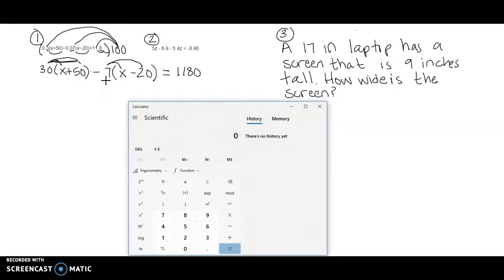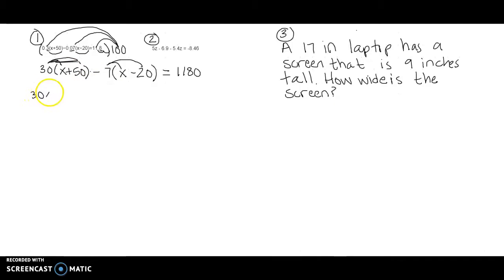Okay, so I'm going to have 30x plus, well that one's not too bad. I know 3 times 5 is 15, and then there's 2 zeros. Minus, I'll have 7x. Now I want to times this minus right here by the negative on the inside, which will turn it to plus. So 7 times 2 is 14, and then we have that 0. So 7 times 20 is 140 equals 1180.